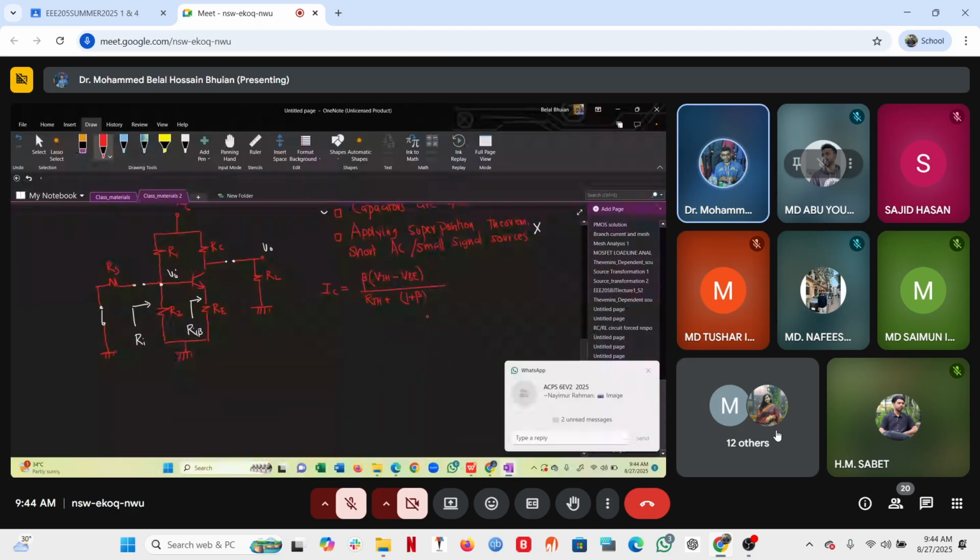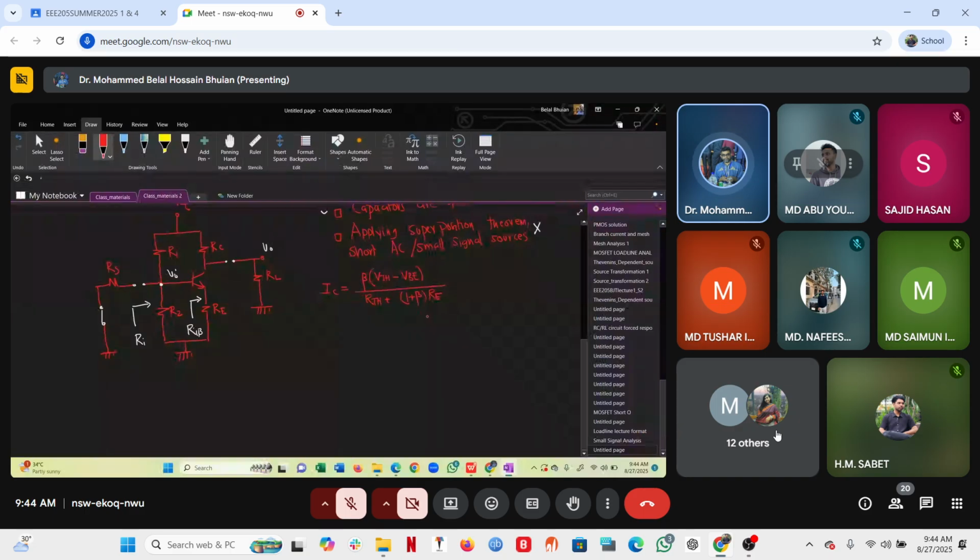We derived it. Where VTH equals R2 divided by R1 plus R2 times VCC, and RTH equals R1 parallel R2.